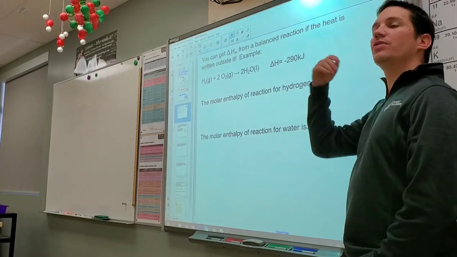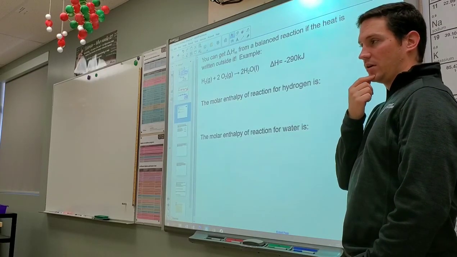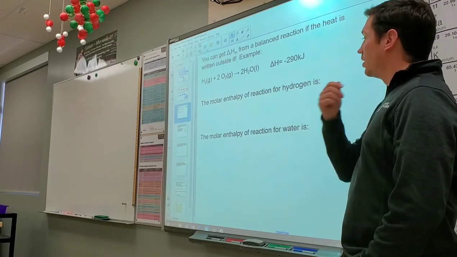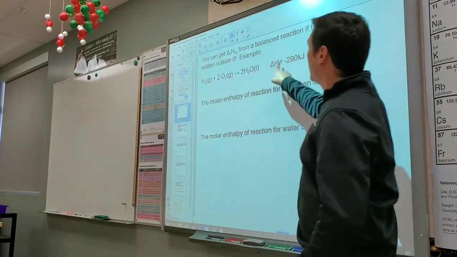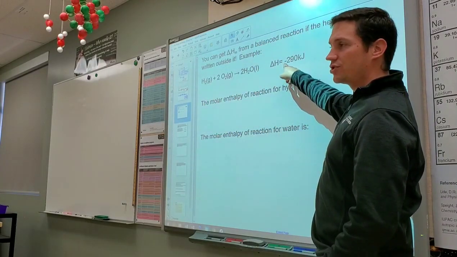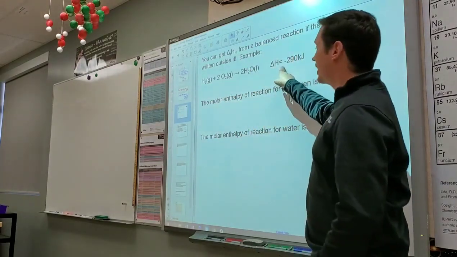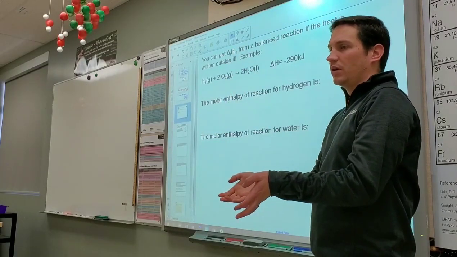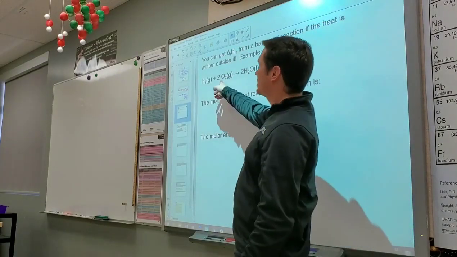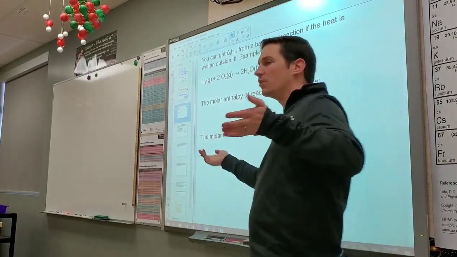So are its surroundings going to get hotter or colder? It's absorbing it. The surroundings are going to get hotter. Okay, the reaction is releasing energy. So if the reaction is releasing energy, is the water surrounding it going to get hotter or colder? Hotter. Now, in this case, there's not really a ton of water surrounding it. It's just air. So the air surrounding it would get hotter.